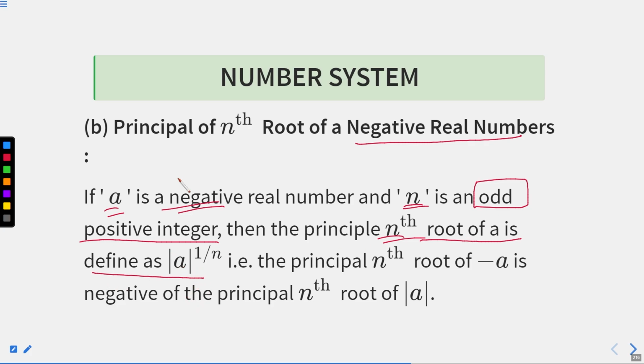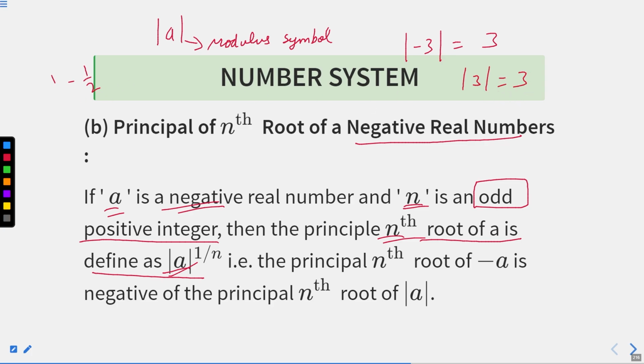What does this symbol mean? It is the modulus symbol. It is like a machine which gives a positive output. That is, if I have -3 and I apply this modulus, then the answer will be 3. If I have 3, then the answer will be 3. If I have -1 by 2 and I apply the modulus symbol, it will give me 1 by 2. Okay, I hope this is clear.